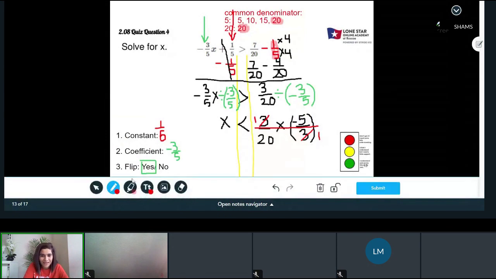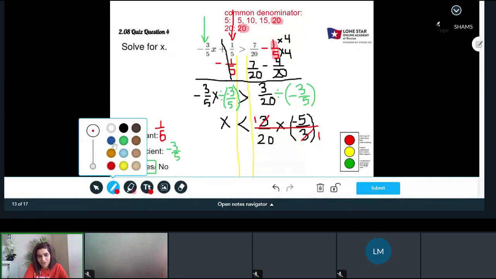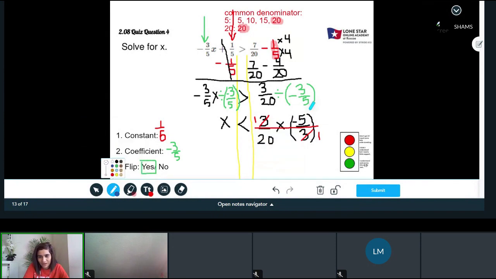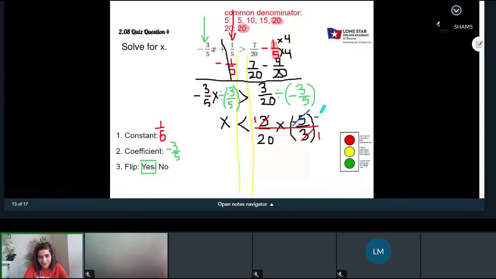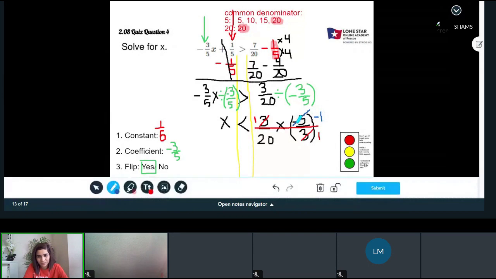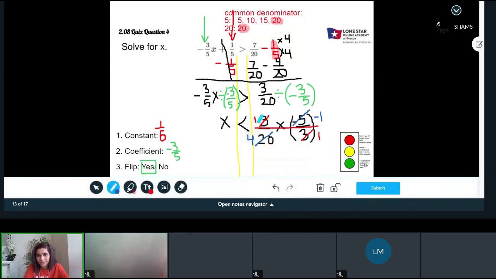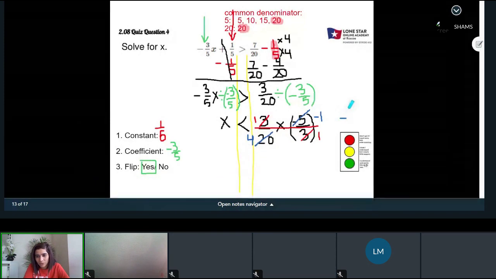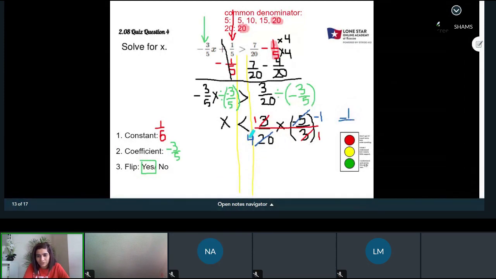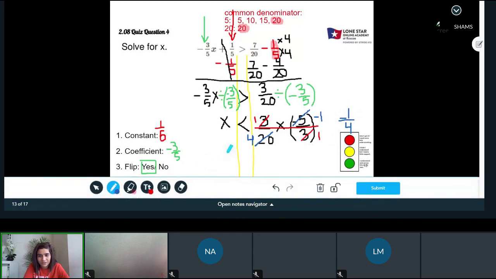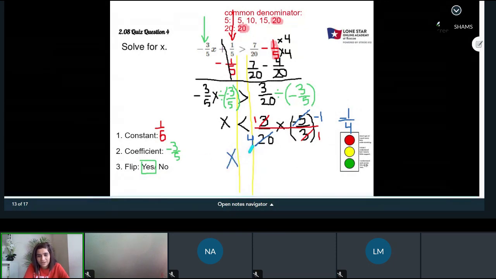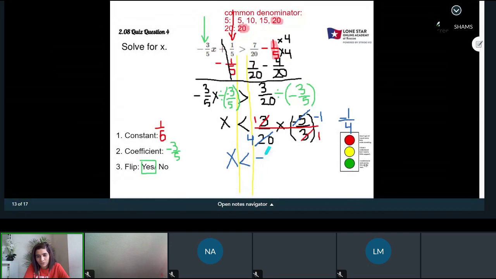They become 1's. I know I can simplify the 5 and the 20, right? 5 divided by 5 is 1. I will say negative 1 because it is negative 5. Simplify the 20, and 20 becomes 4. So if you multiply 1 times negative 1, you end up getting negative 1 over 4 times 1 is 4. When you want to write down your answer, you say x is less than negative 1 over 4.